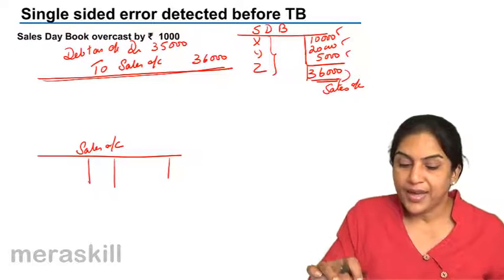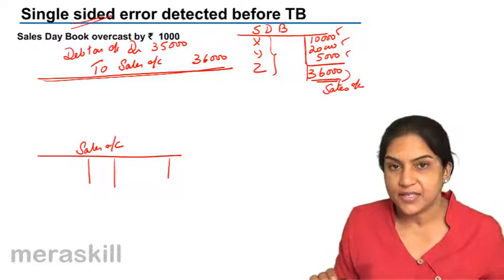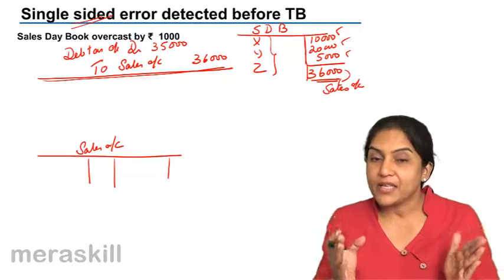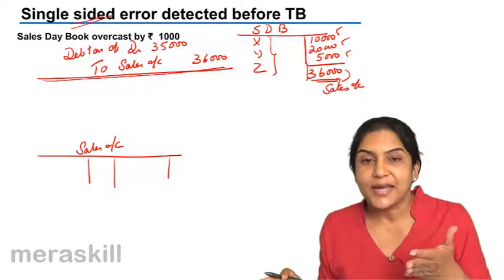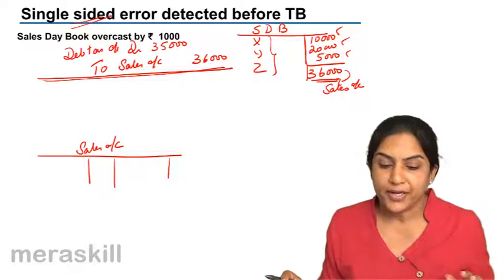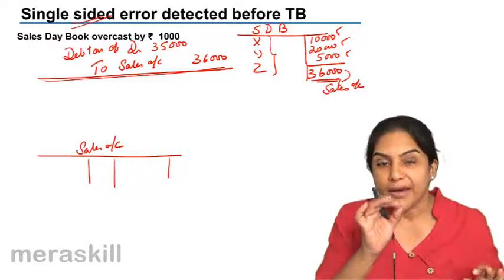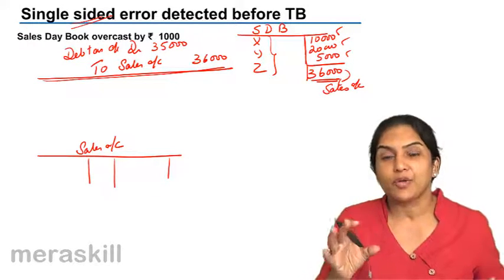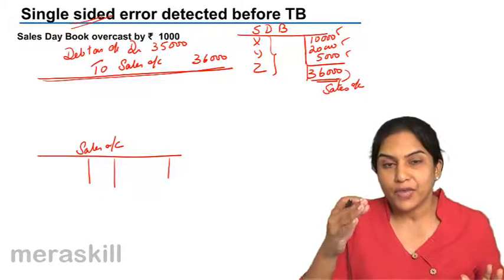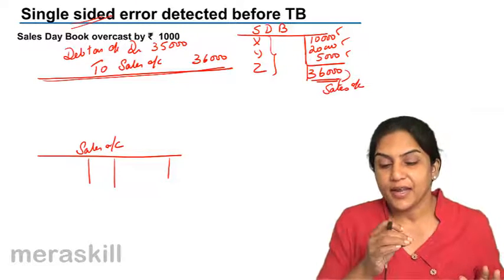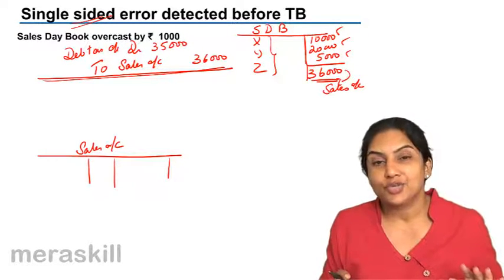Mind you, an error like this is a single-sided error. Trial balance does not tally. The trial balance has not yet been prepared, not yet completed. So for this single-sided error, in order to correct, we will go to the side that we need to write an entry, write the amount on the side we need to. There is no double entry involved now. We are in fact writing an entry in order to get the trial balance to tally.